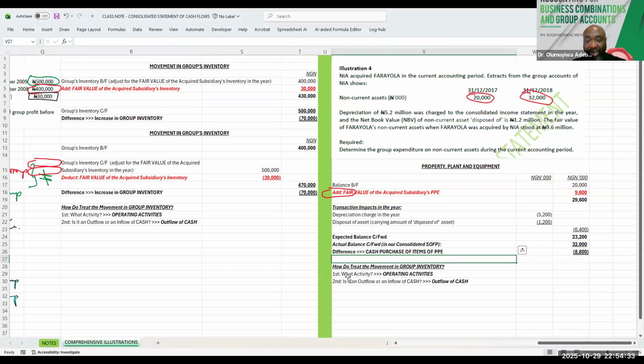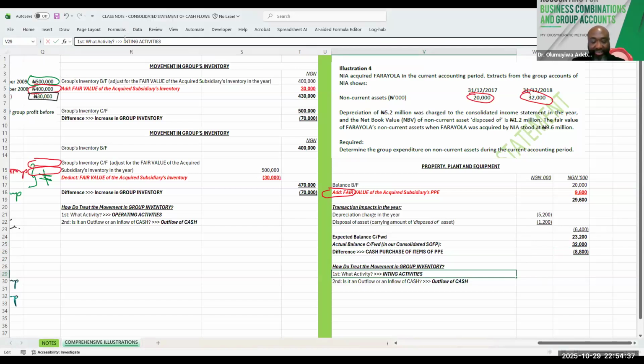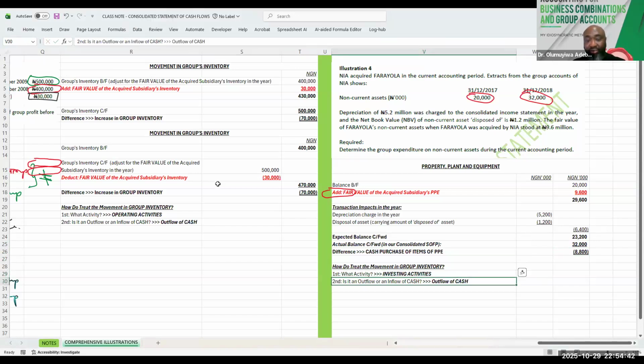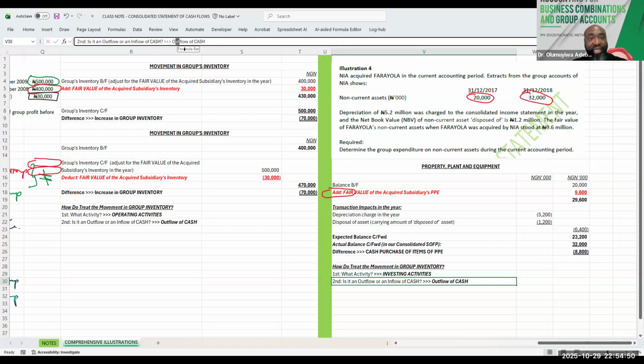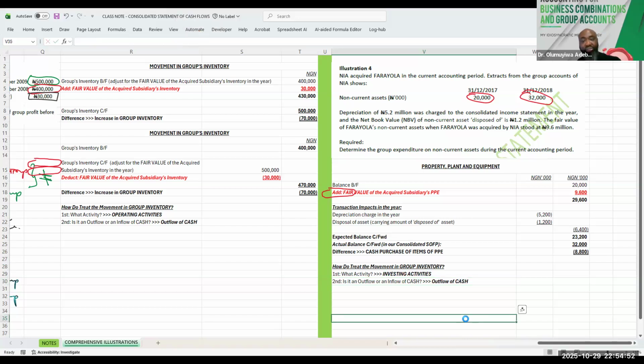Equipment. And what activity is that? Investing activity. And is it an outflow or inflow? When you purchase assets, is what? An outflow of cash. And that is that. Any question on that? That is the solution to that. Any question?